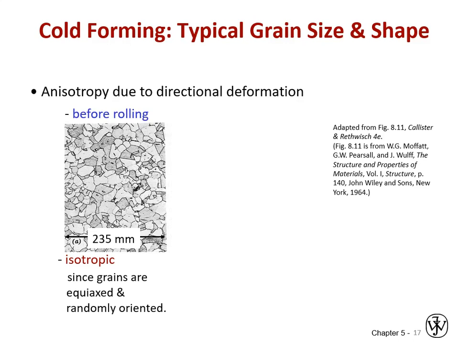Note about processing and crystallographic orientation. If we don't mechanically process a material and we've just formed it and it's isotropic, all the grains are randomly oriented every which way. Dislocations will, like we said, want to move first on close packed planes and in close packed directions.